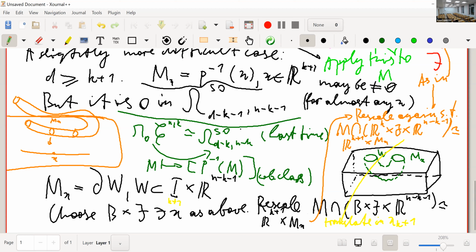Let's suppose this I lives in the K plus first coordinate, and the rest is the Euclidean space of the last n minus K minus 1 coordinates.